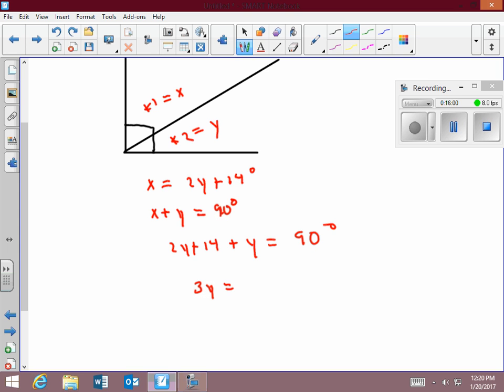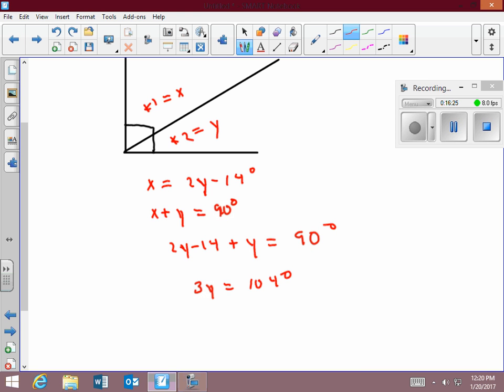Okay, let's see, I better go back to what you told me to do. This was right? 2y minus 14. But then this, when I manipulated it, I manipulated it wrong. Minus 14. So then this is 3y and I add 14, 104.